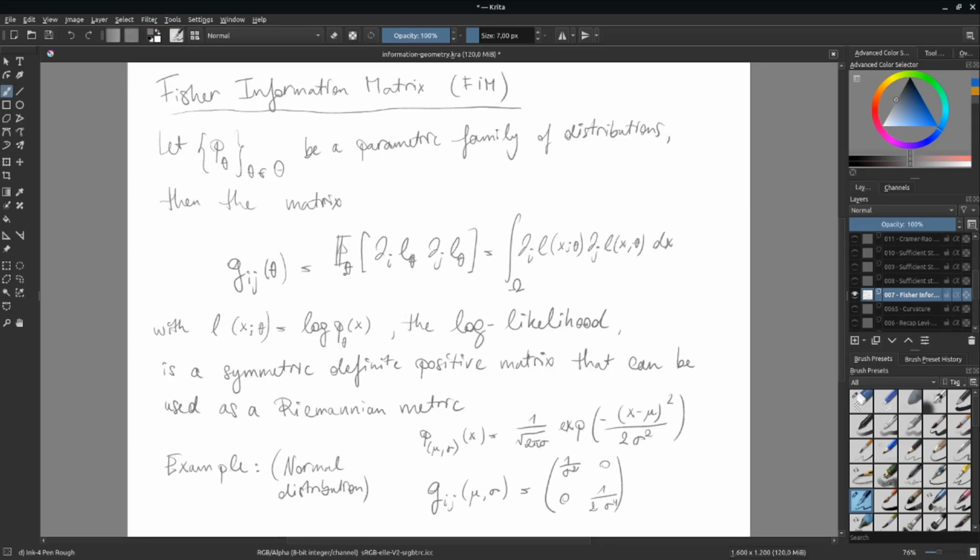Just in case this notation might be confusing, I'm not taking an integral over theta, I'm just taking an integral over the domain of my distribution, but for the value of the parameters theta. And so I take the expectation of the ith derivative of this function, which is simply the log likelihood of my distribution, so taking the ith derivative and the jth derivative of my log likelihood. I think this should be p theta here.